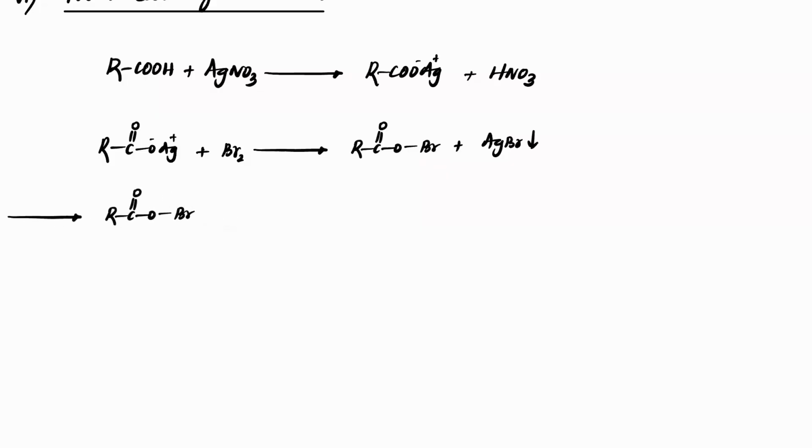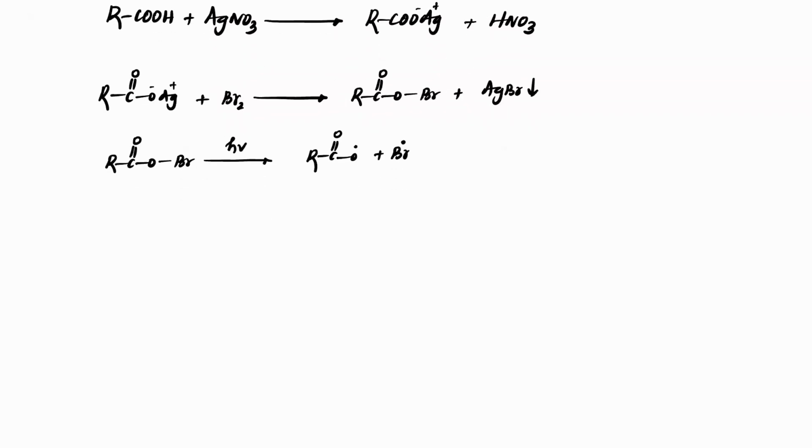Now, on further heating or exposing to light, this will undergo radical bond breakage, that means homolytic cleavage will happen. Once you get this carboxylate radical, RC double bond O dot, this will slowly convert into R dot and CO2. This is the rate determining step, and it will happen slowly.